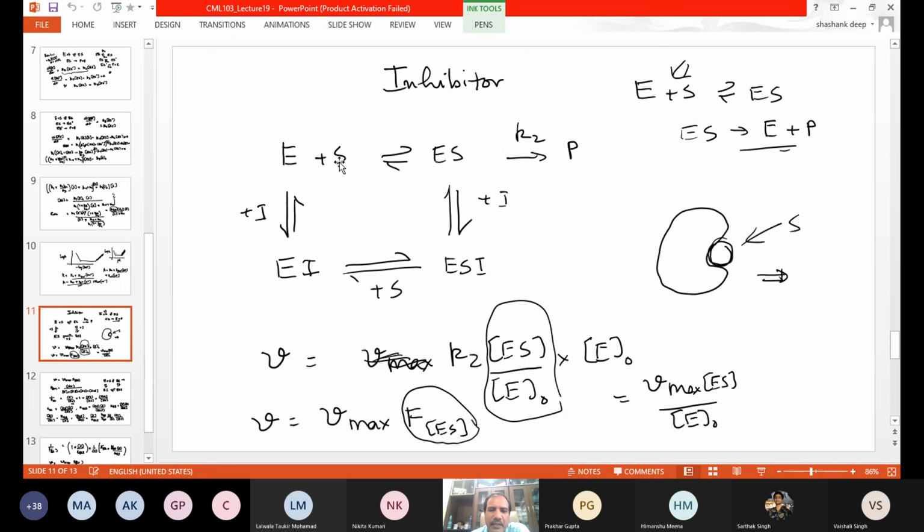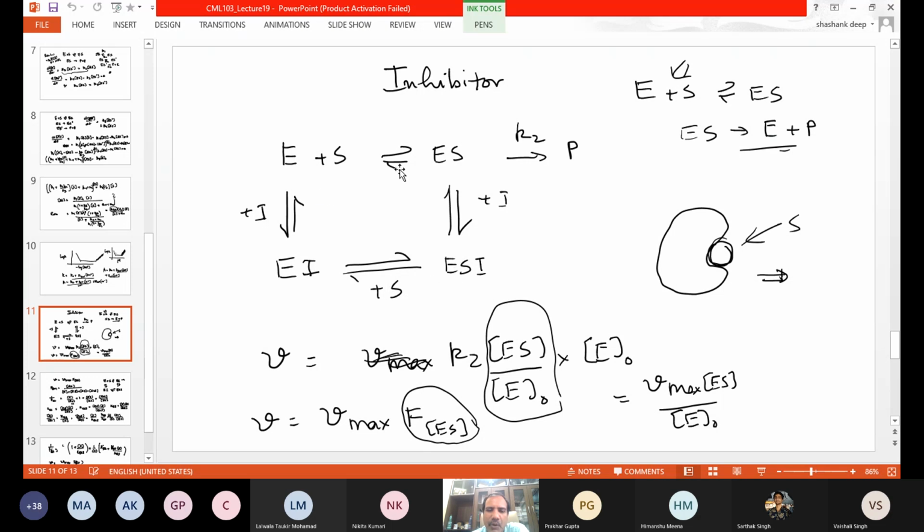Am I right? E plus S, yes, giving you product, and then one inhibitor can bind to E to give EI. Inhibitor can bind to ES to give ESI, and there is also EI plus S to give you ESI.